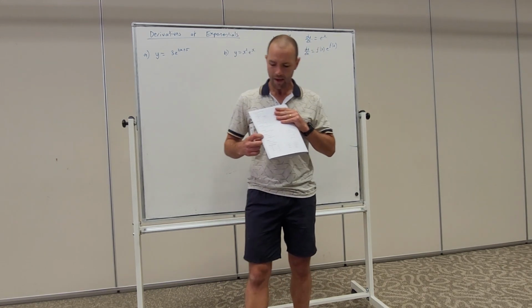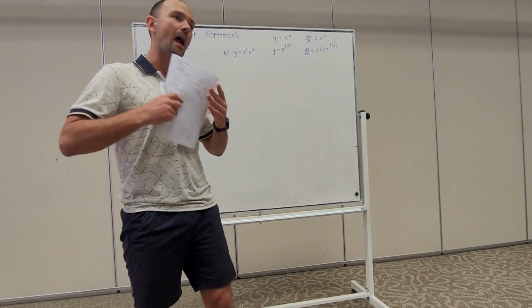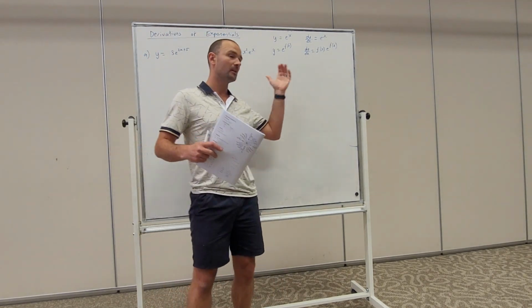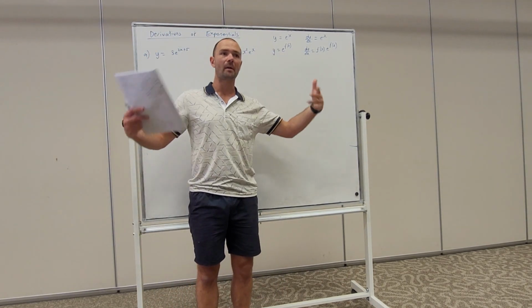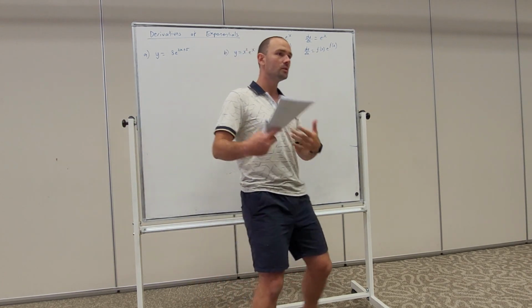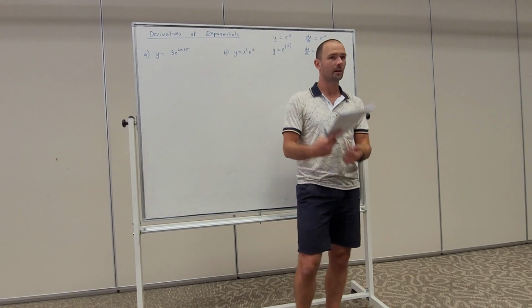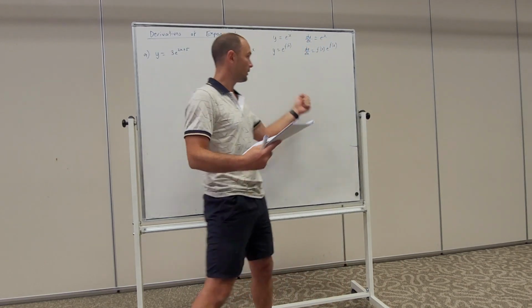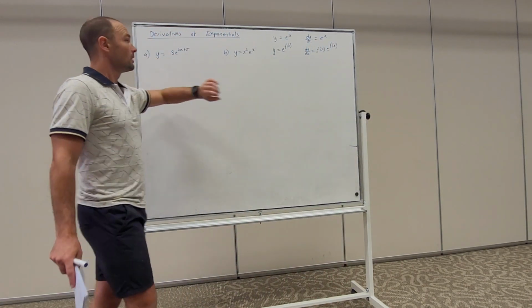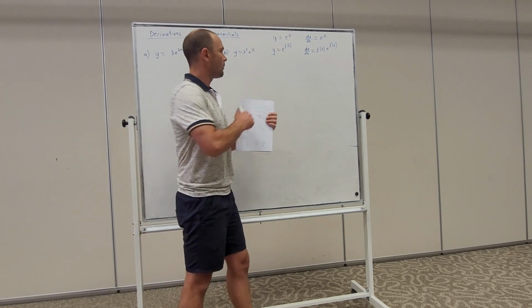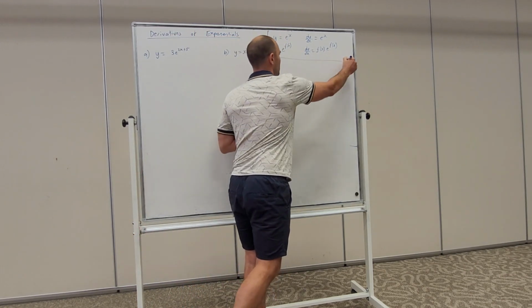We're at exponentials now, and what you'll find is we're going to differentiate exponentials, but it's going to compound, because we're going to be using the product rule and the quotient rule in order to differentiate these. So this is our rule for exponential functions.